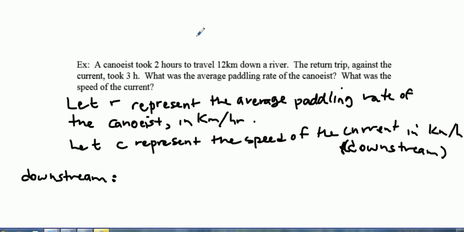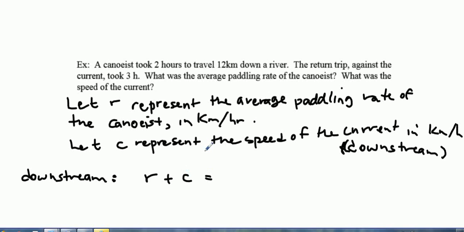He's going to go at a certain speed because of his paddling speed, and he's going to have another speed that has an effect, and that's the speed of the current, right? So his speed is the average paddling speed plus the rate of the current, and that is going to give the total rate.